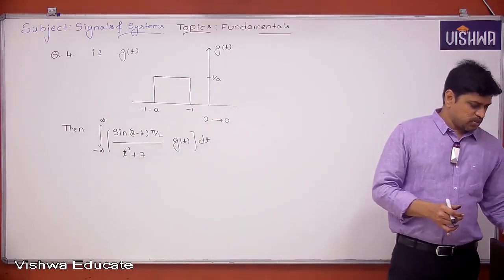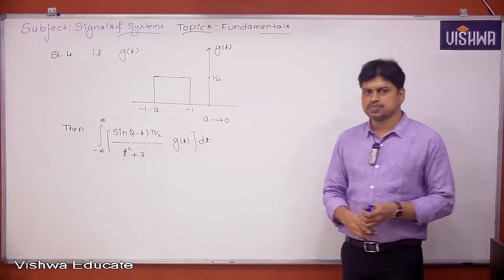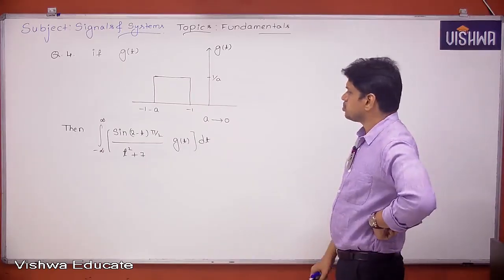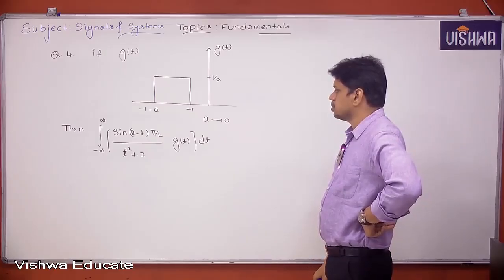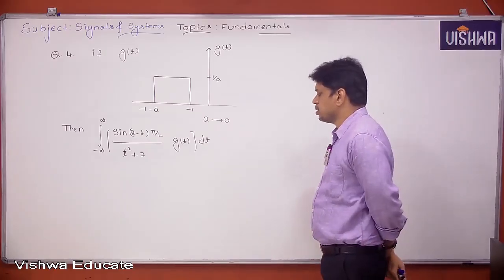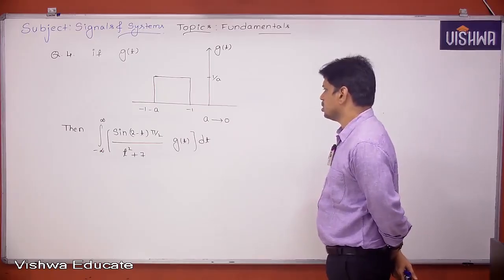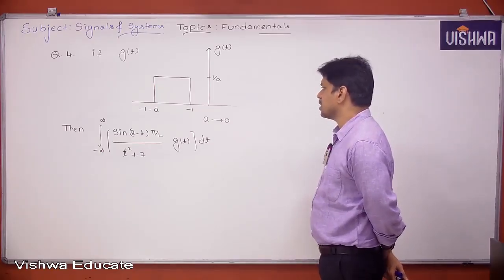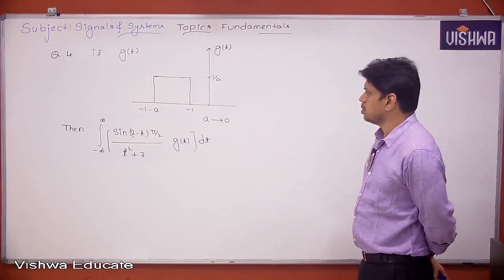Can you try this one and tell me what the answer is going to be? Think about what they are asking. Many people think that it is a different question which is not involving impulse function, but still it is an impulse function. How, sir?